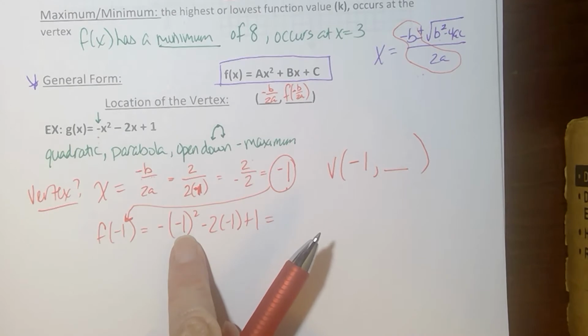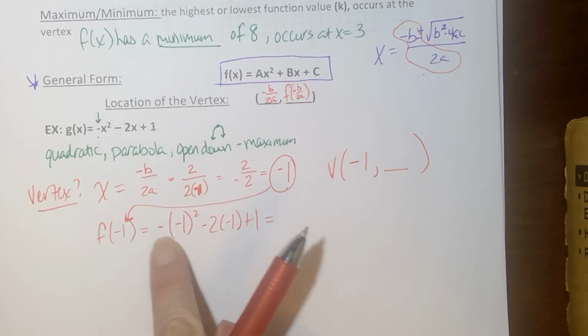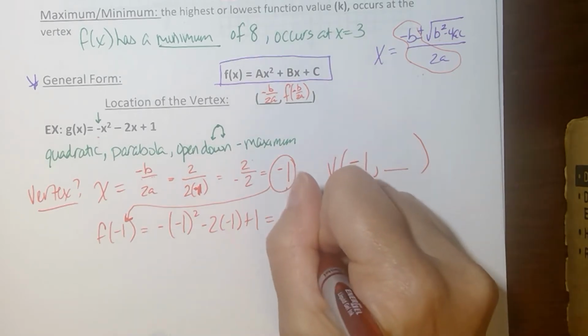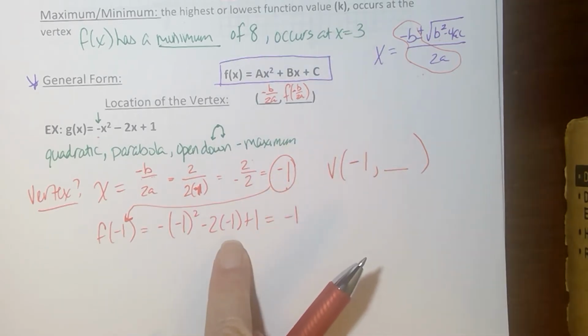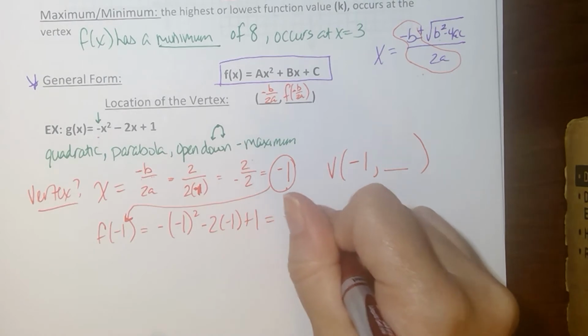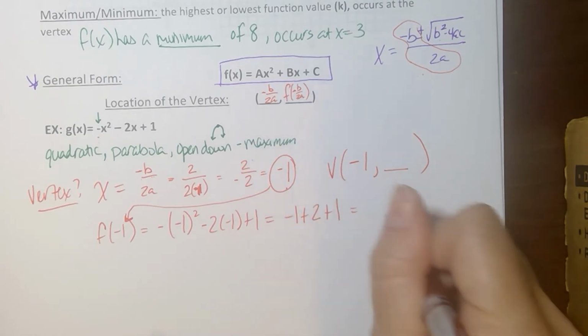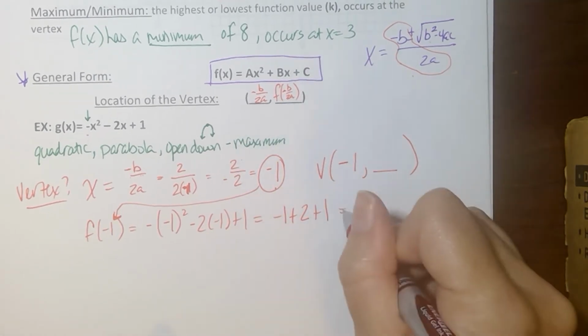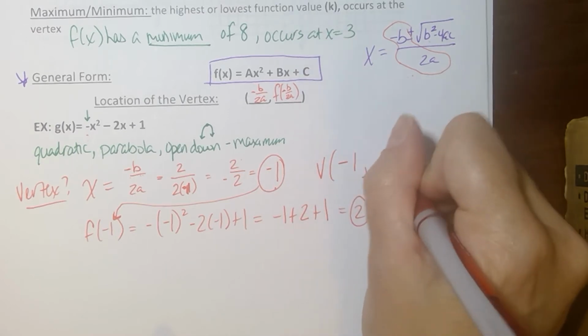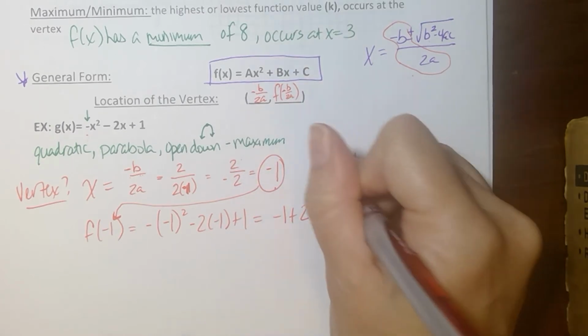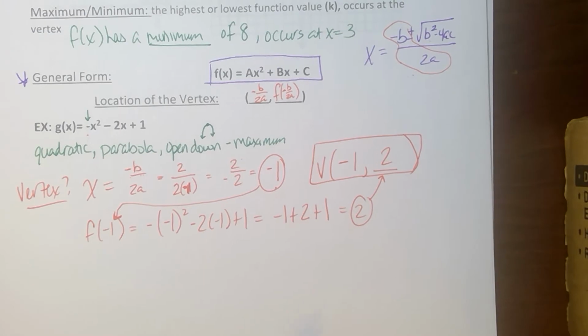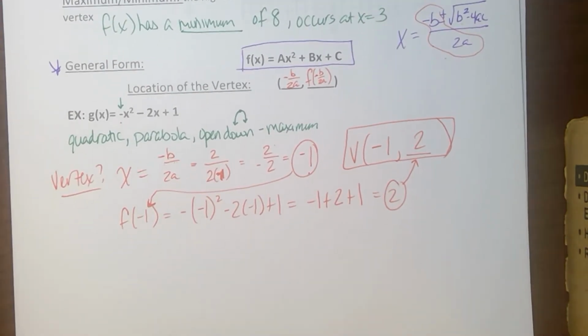My first term, negative 1 squared, is 1 times a negative, so this is still negative 1. Negative 2 times negative 1 gives me a positive 2, and then I have plus 1. So this simplifies to 2, and that's the y-coordinate of my vertex. There's the vertex of my function. Let's go ahead and sketch this function.